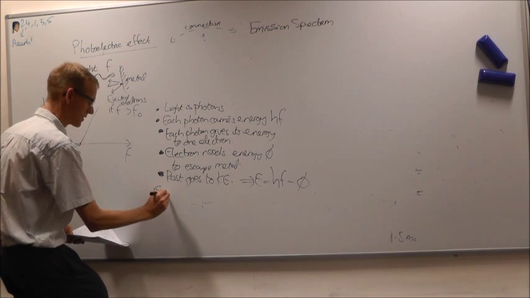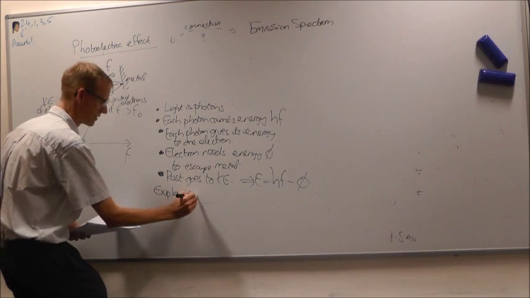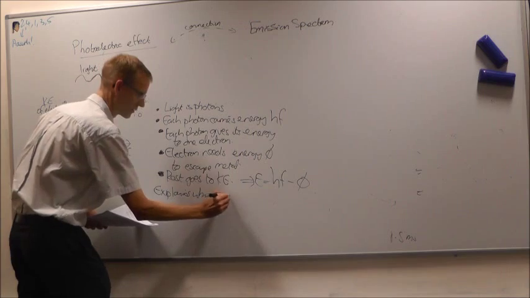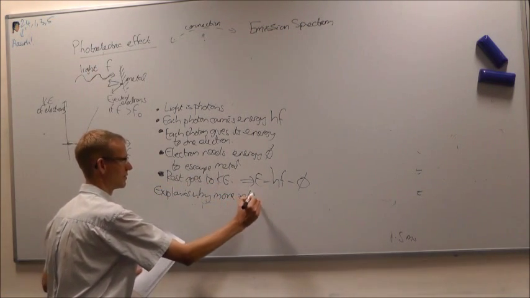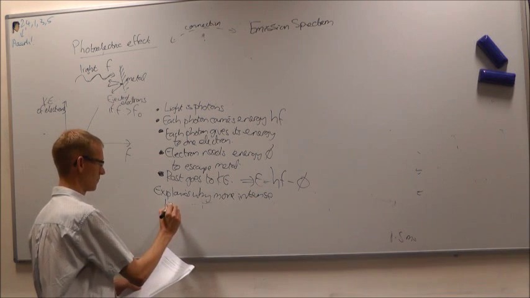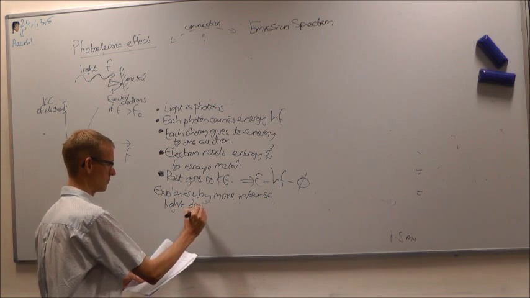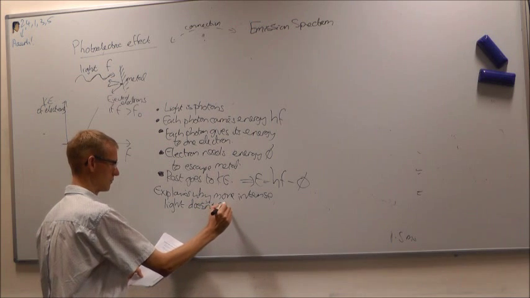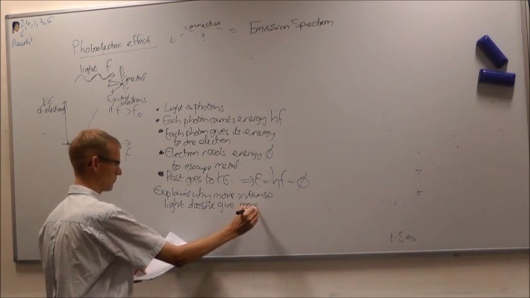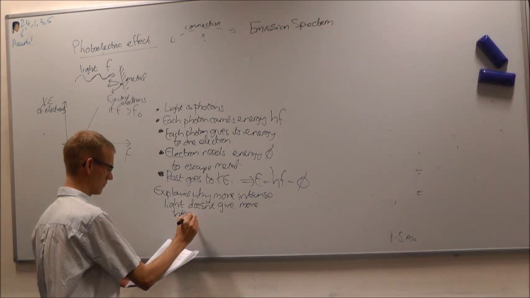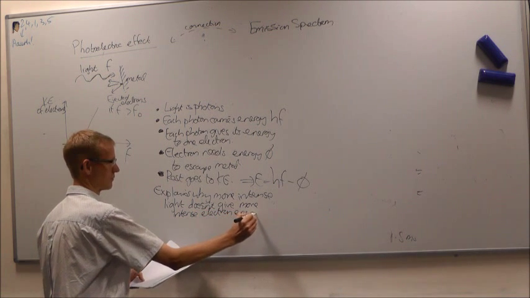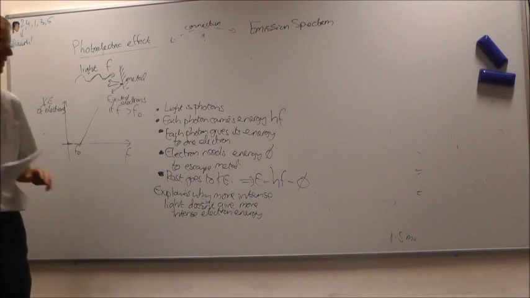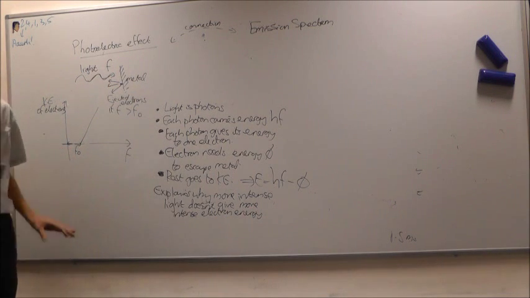So it explains why more intense light does not give more energetic electrons. I think for a question like this, bullet points are fine.